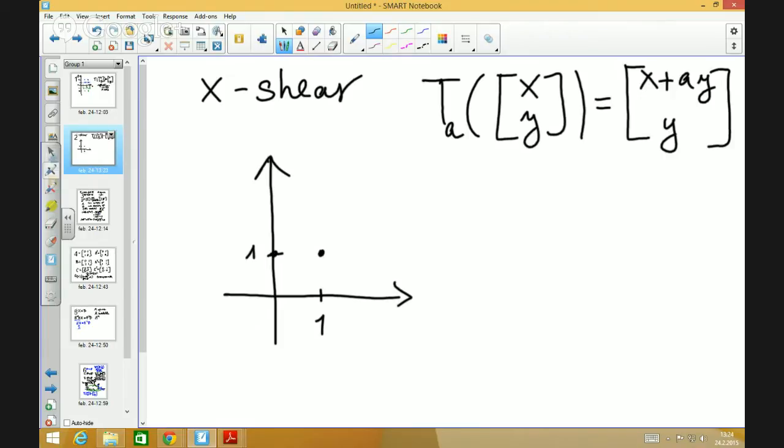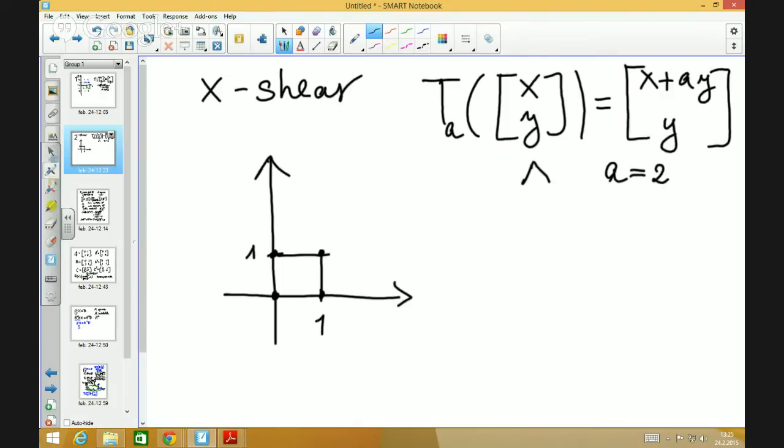Okay, so let's get these 4 points here that span our beautiful square with unit side. Let's assume that our shearing factor a is, I don't know, let's say it's 2.